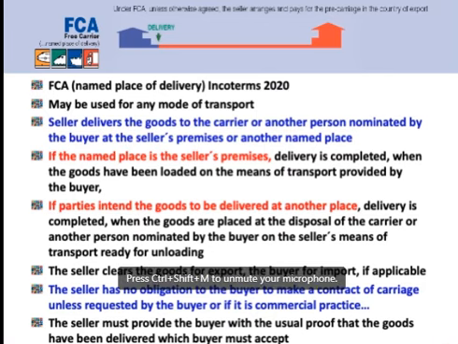So can you show me the difference between FCA and EXW? The difference between FCA and EXW. You need to just point out one difference, okay? Each person one difference. Not too many, right?